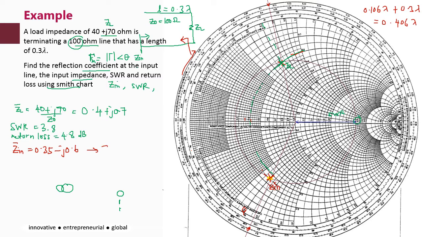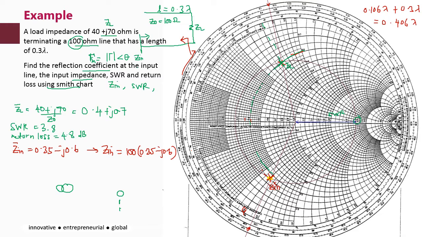So your real Z in value will be your Z0, 100 ohm, multiplied by 0.35 minus j0.6. So you get your Z in value, and then the reflection coefficient at the input line.